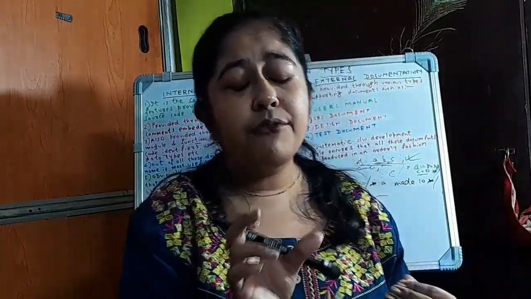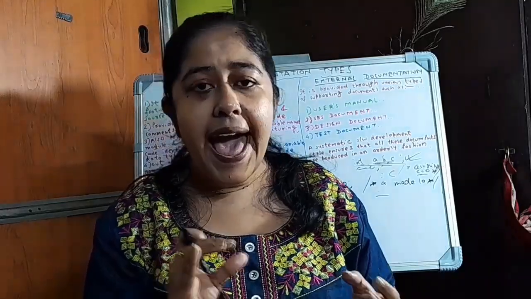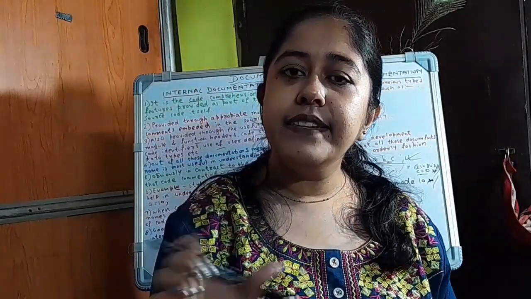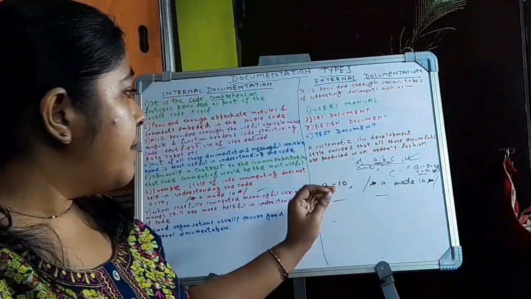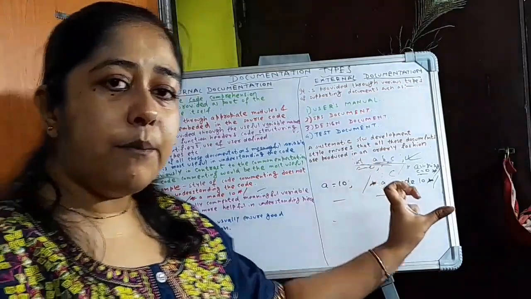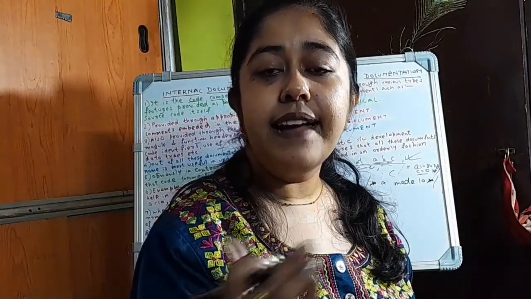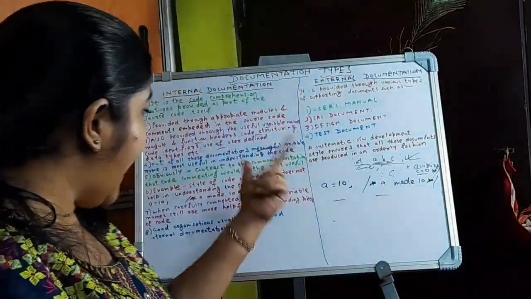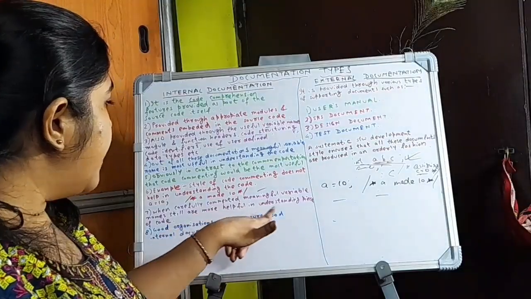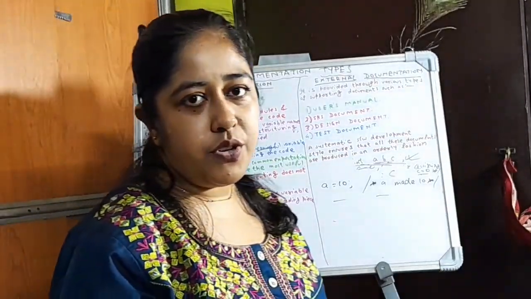You have to write in a brief manner, or write that particular operation very nicely, so that one can understand from your commenting. In that case, they are more helpful in understanding a piece of code.